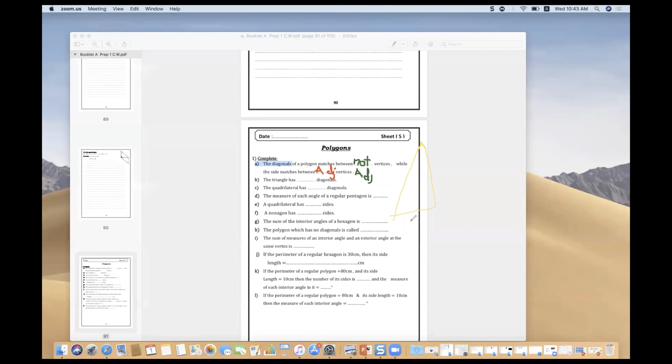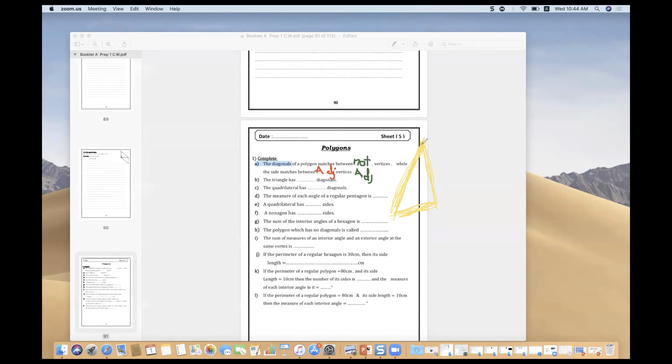If I join between 2 vertices after each other, consecutive or adjacent, I will get a side. Here a side, here a side. It won't work.